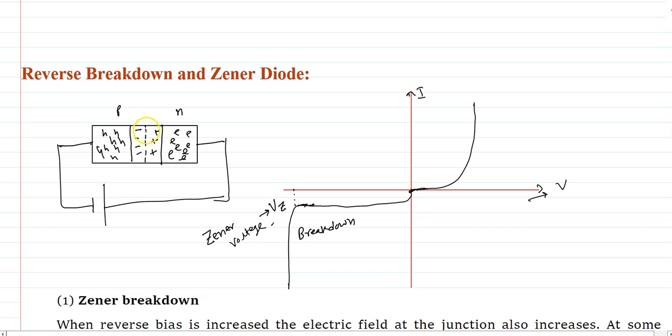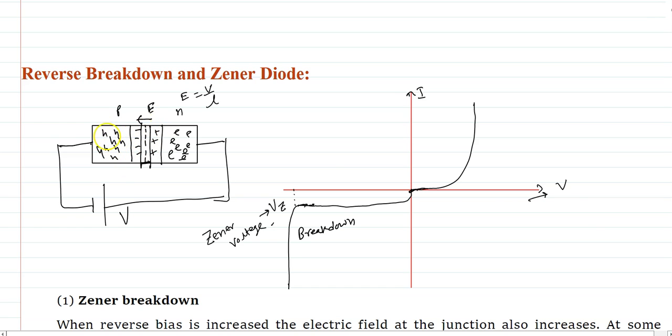Okay. For a narrow depletion region, the reverse electric field is very high. We know electric field is V by L. Here V is the applied voltage, and L is the length, the width of the depletion region.